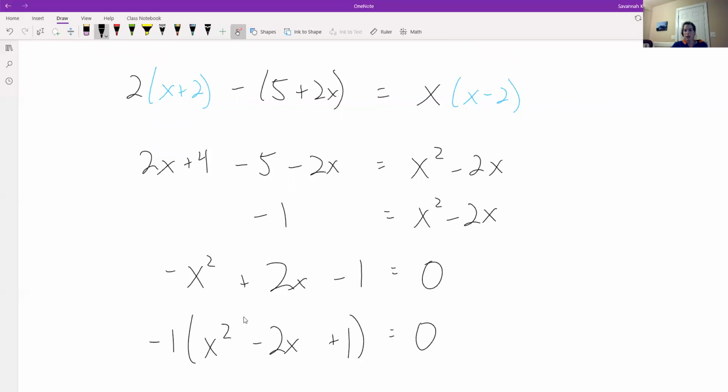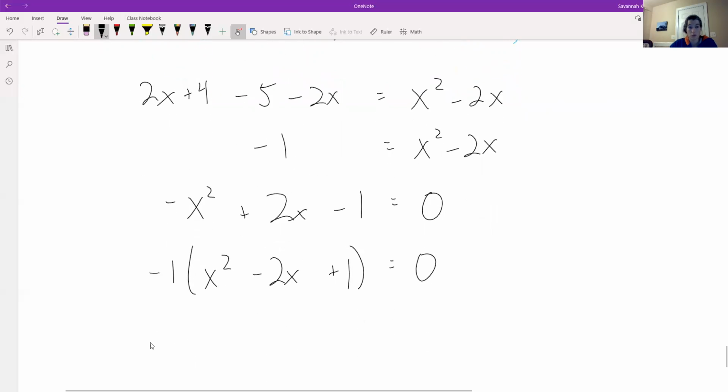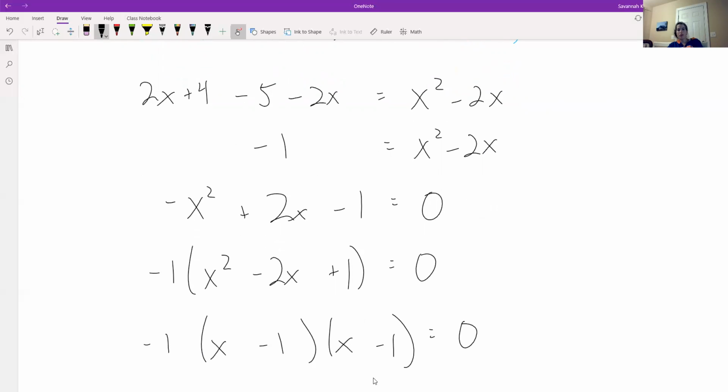It changes the signs all the way across. And what's left inside here, the positive x squared minus 2x plus 1, that's a lot nicer to factor, particularly because we get to use our factoring shortcut. I think that's going to be minus 1, yeah, because those are the 2 numbers that would multiply back to be a positive 1, and that would add back to be a negative 2.